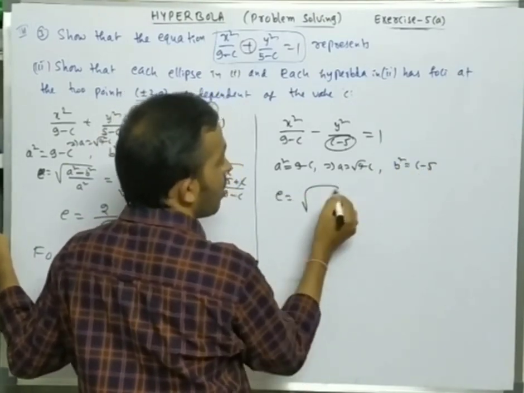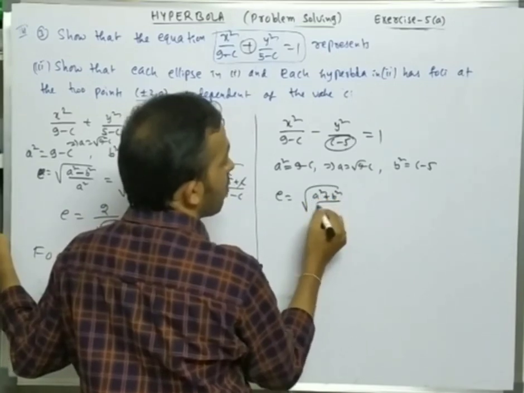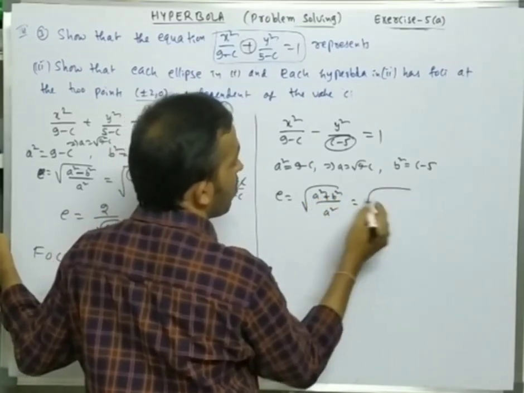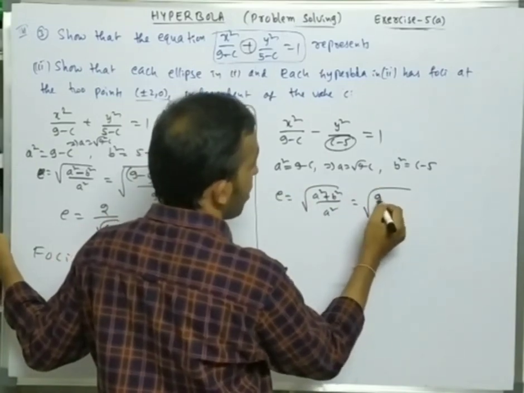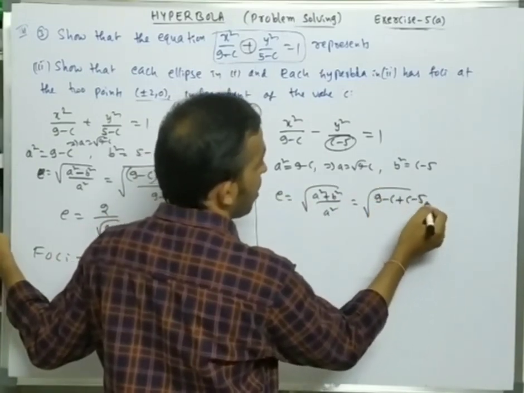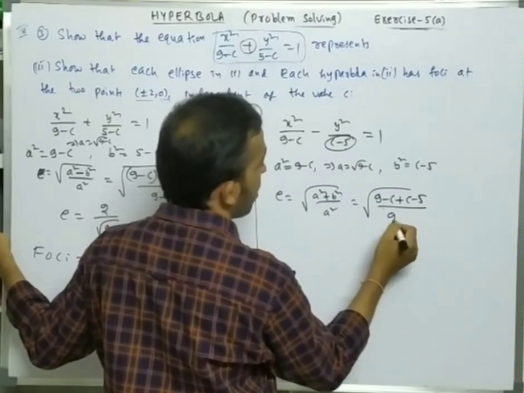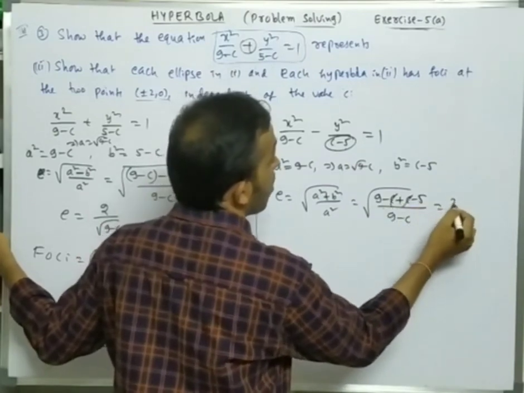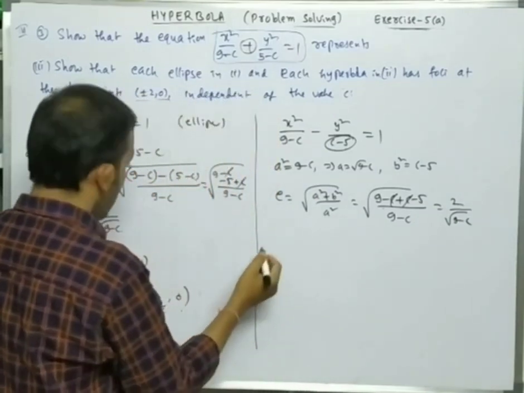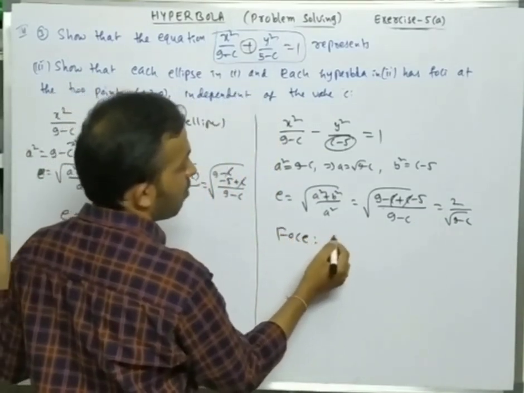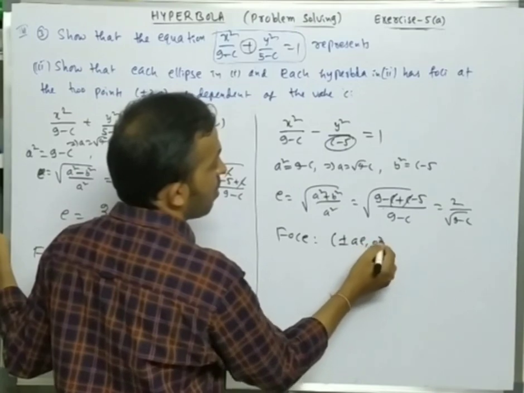Eccentricity is under root of a square plus b square by a square, which is under root of 9 minus c plus c minus 5 by 9 minus c. So again we get 2 by root 9 minus c. For the foci we have the same formula, plus or minus a e, comma 0.